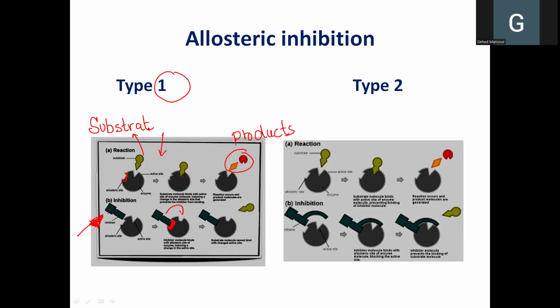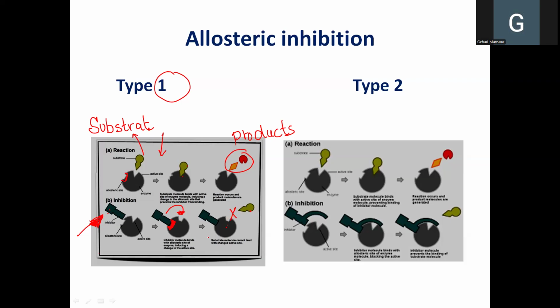But it has a remote effect on the active site. How? It made the active site less favorable to the substrate, less complementary to the substrate. And now the substrate is no more capable of binding with the active site.